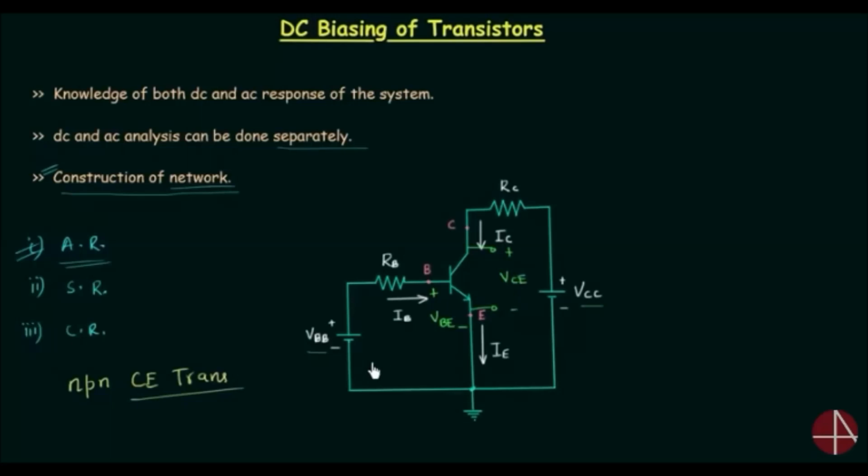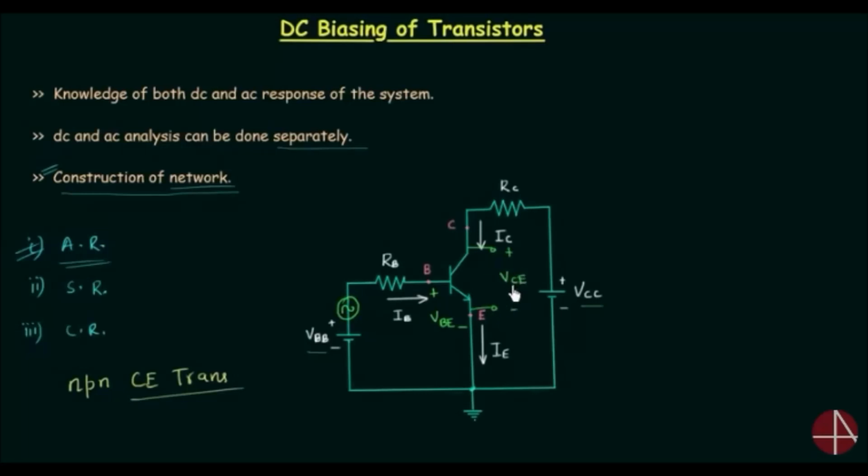We want to amplify the weak input signal faithfully. By faithfully, we mean the amplification of input signal without any distortion. If we apply an input signal here, then we want the amplified input signal here without any distortion.